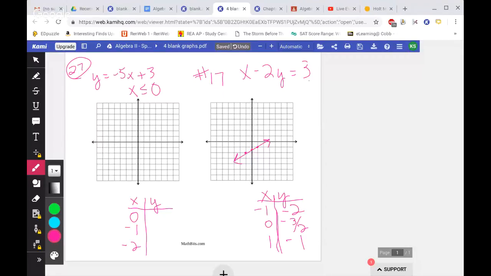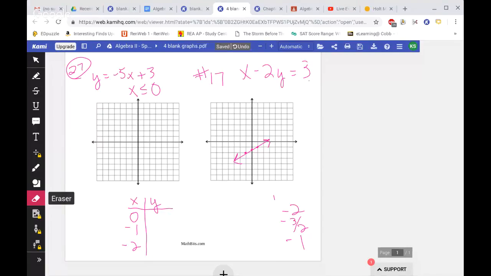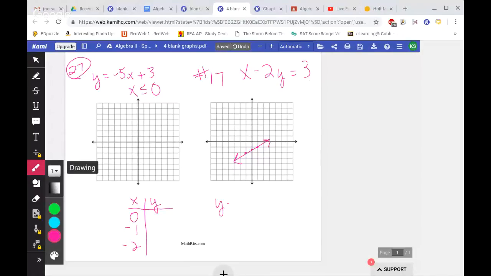But if I stick in a 0 to that equation, I got to go ahead and erase my XY table at this point because I need this area to work. I have y equals negative 5 times 0 plus 3. So that gives me 0 plus 3. So y equals 3. So when x is 0, y is 3.